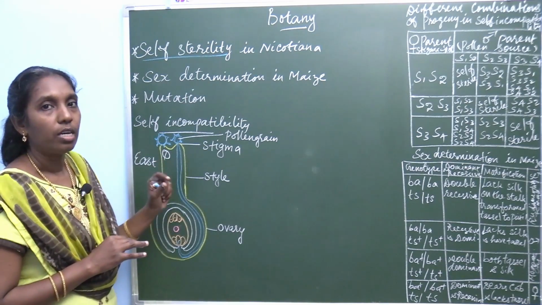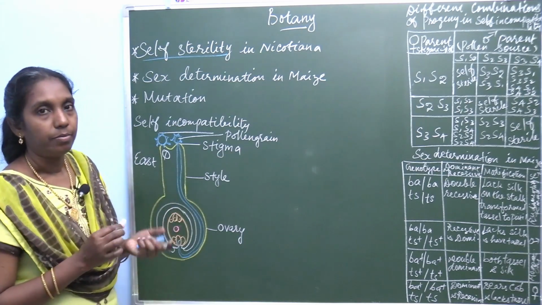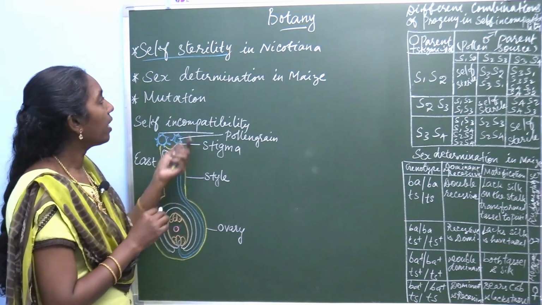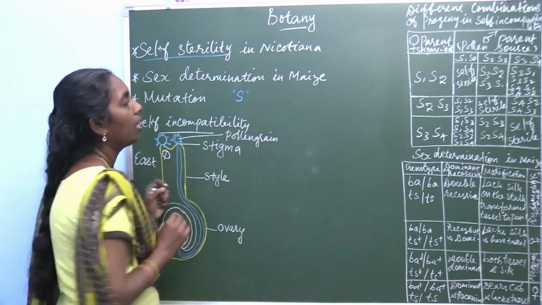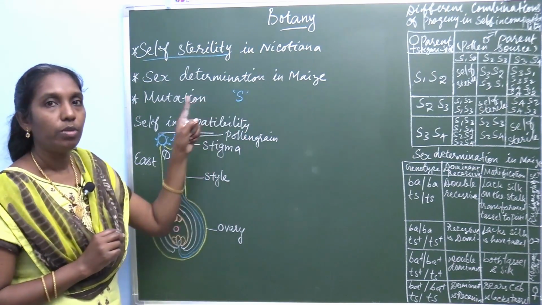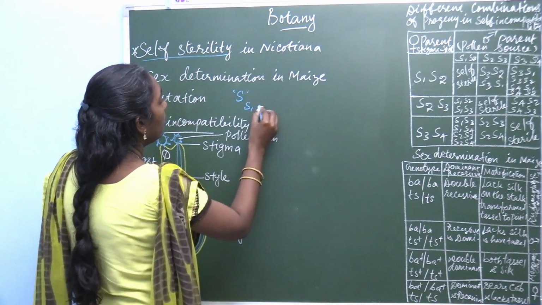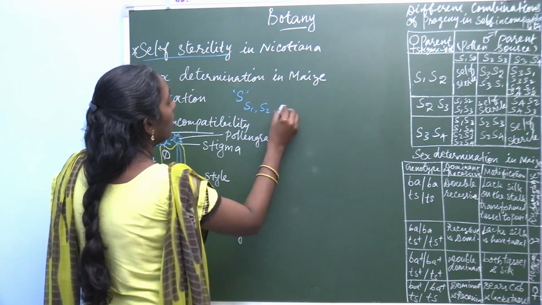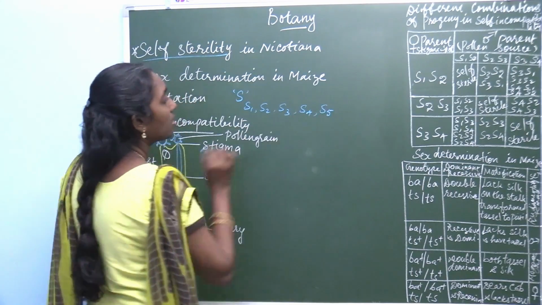So, in Nicotiana, East observed the self-sterile gene, designated as S. This S contains different allelic forms like S1, S2, S3, S4 and S5.